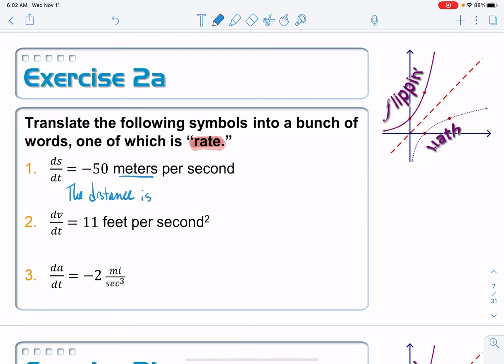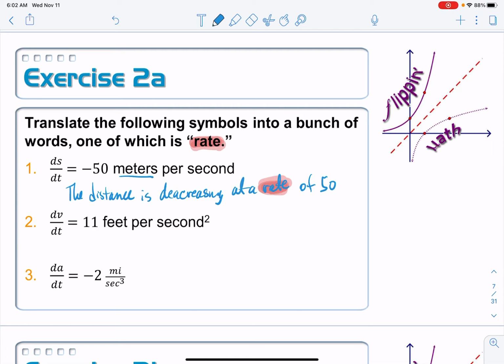is decreasing. Here it comes. At a rate, highlight it. There, it gets 3 levels of highlighting. At a rate of 50, don't put decreasing and then throw a negative in there. That would be silly.